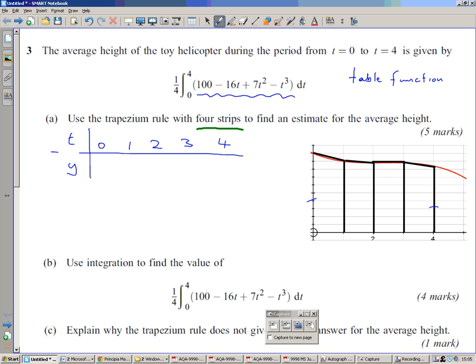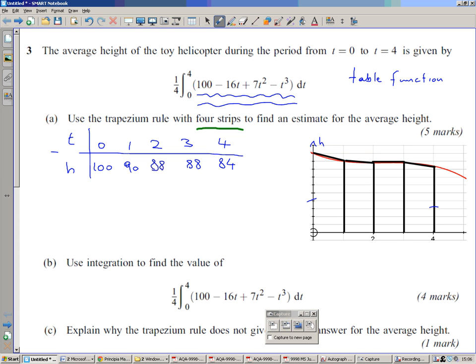Did it say h in the question? Doesn't really matter. It is h. So it's t and h. If you put those values of t into this formula, you should have got these numbers: 100, 90, 88, 88, and 84.